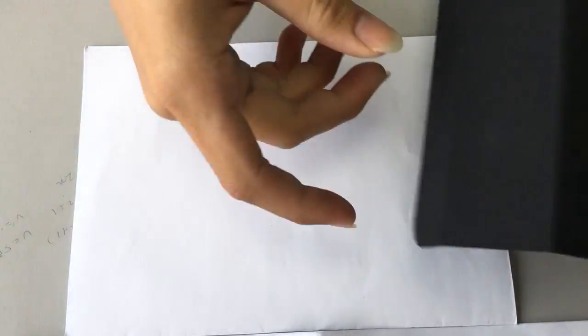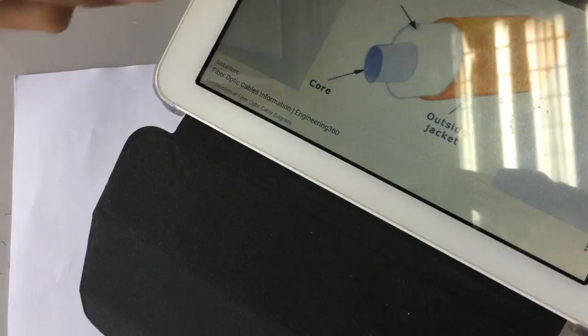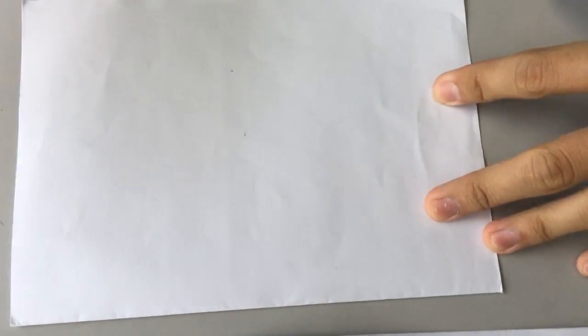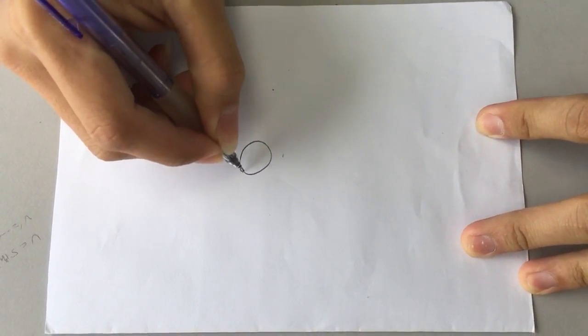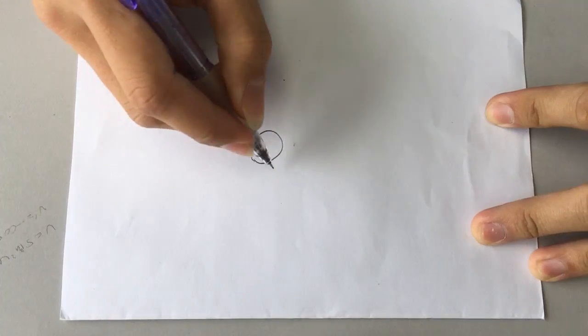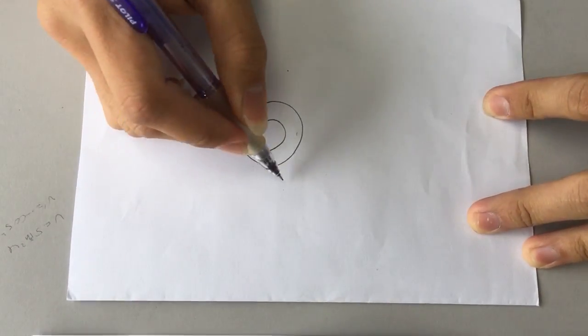Okay, so firstly I will start to explain the structure of optical fiber, and I'll let you have a look at the picture. This is the optical fiber. Firstly we have the core, the innermost part, then the cladding, and then the jacket.